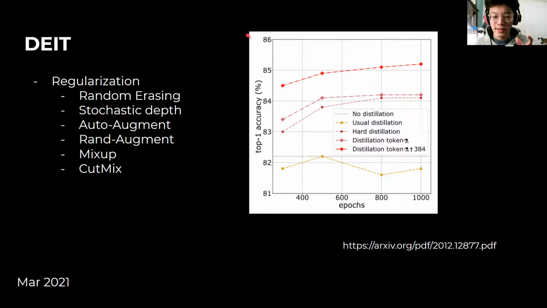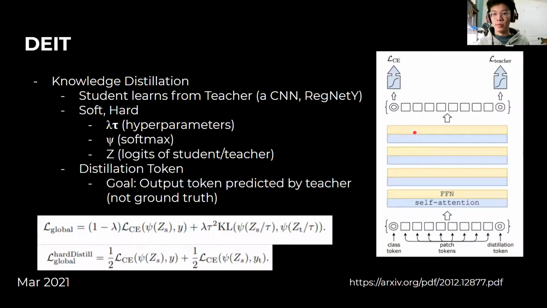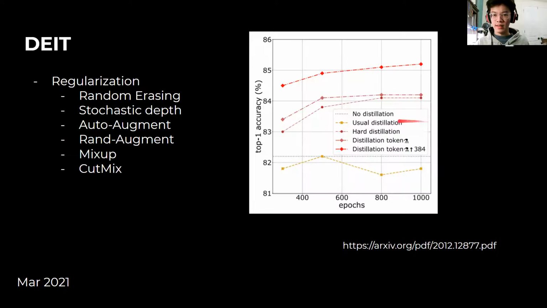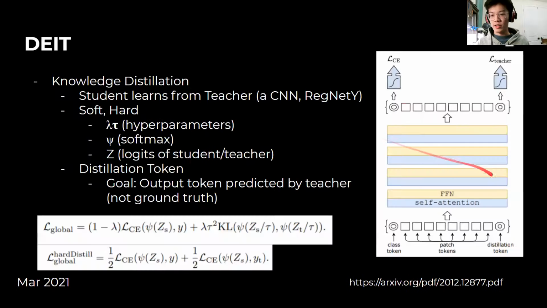And in the right graph here, we can see that usual distillation, which is normal KD, results in a lower accuracy. But when you use hard distillation, you are able to achieve a higher accuracy. And what this symbol means is we attach a distillation token at the end. So remember this model. In the usual and hard distillation, they won't have this section of the model.